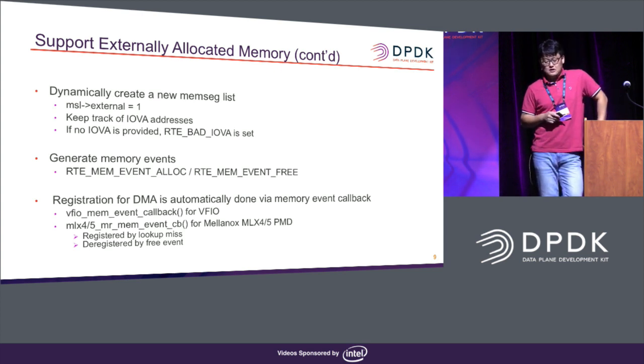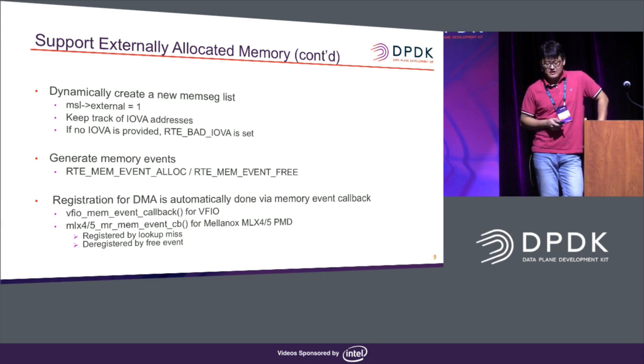It actually generates the memory allocation events, the alloc and free events, so that the memory registered by the API can be registered for DMA, VFIO, or in the case of Mellanox, we have a different memory registration.